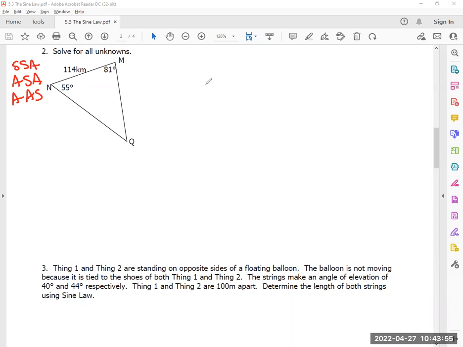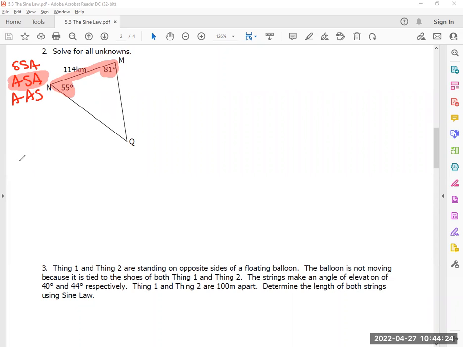Taking my highlighter, let's start with the leftmost. Here's an angle. Then without taking off my pen, I follow up with a side. And right after, they give you another angle. So it's angle side angle. I can use Sine Law.